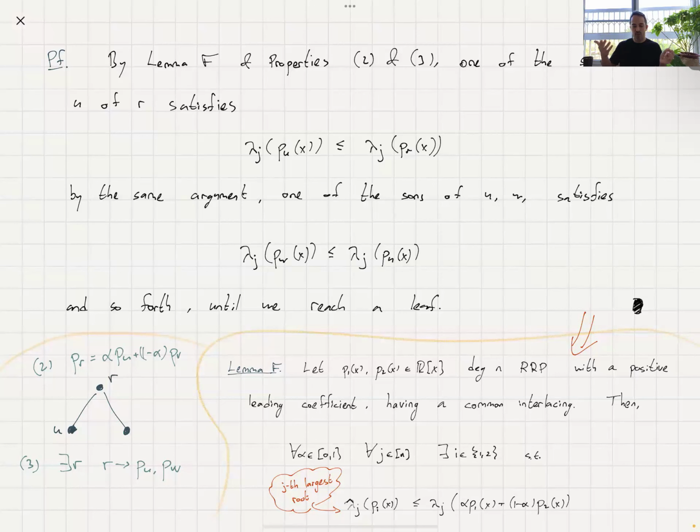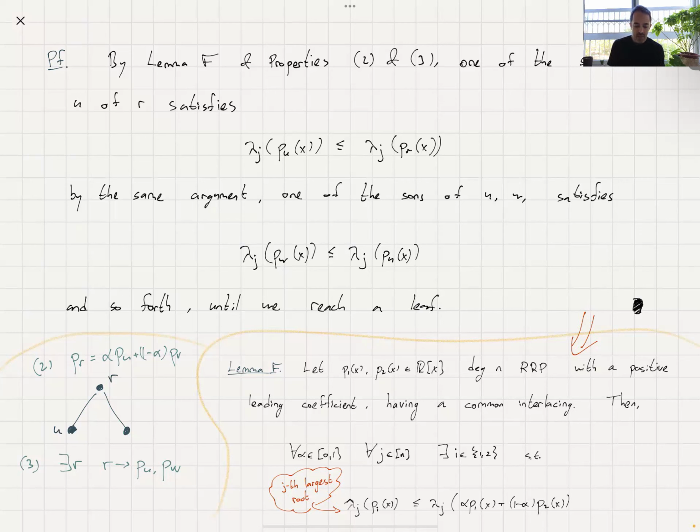More precisely, given alpha, when you look at alpha p1 plus (1 minus alpha) p2, you can bound either p1 or p2, depending on alpha and j. You can bound the jth largest root of one of these polynomials by the lambda j of the convex combination of them.